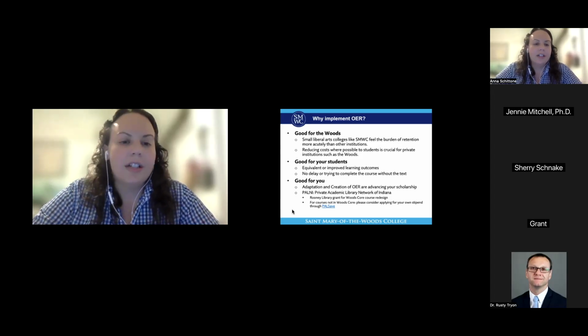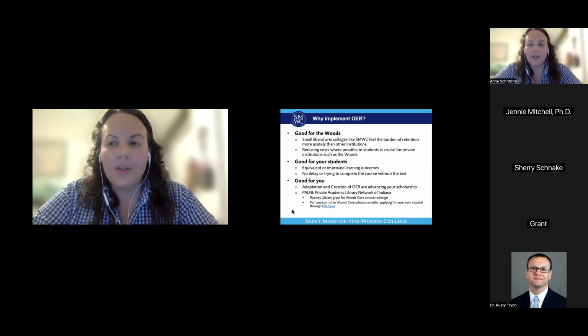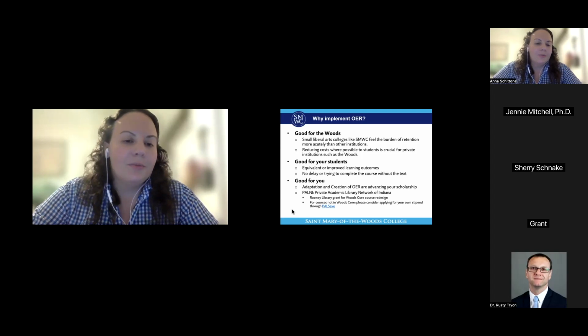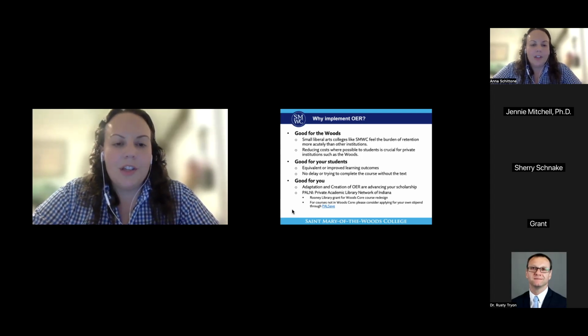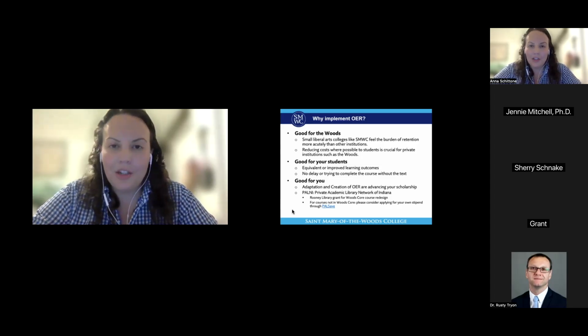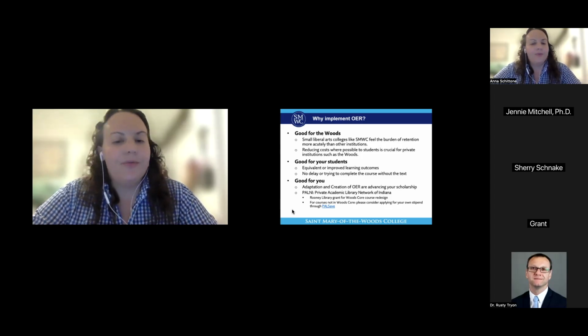And then good for you. So adaptation and creation, which in the OER realm, we typically say adopting an OER textbook is entry level OER use. At adaptation, that's where you can make a derivative: the adaptation of an already existent OER text to fit your specific curriculum and add your own notes in there.